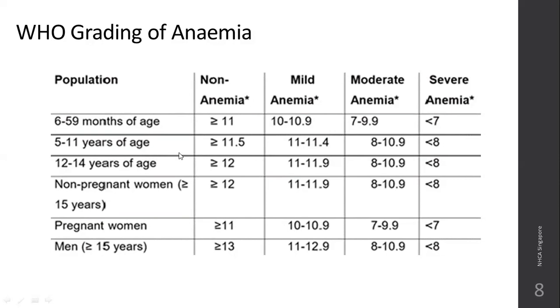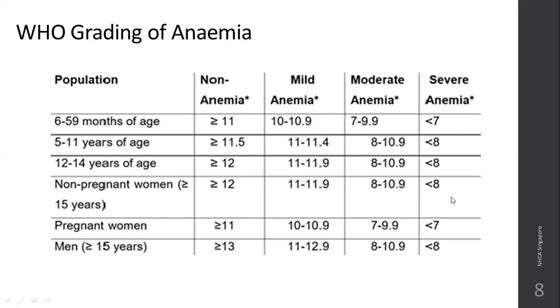For 5 to 11 years of age, the hemoglobin should be 11.5 or more. In teenagers and non-pregnant women, the hemoglobin level should be equal to or more than 12. If it is less than that, you have the grading system. Between 11 and 11.9, mild anemia. 8 to 10.9, moderate anemia.